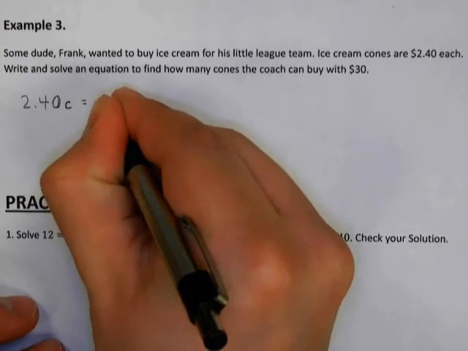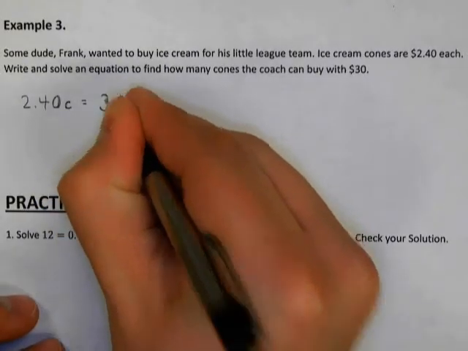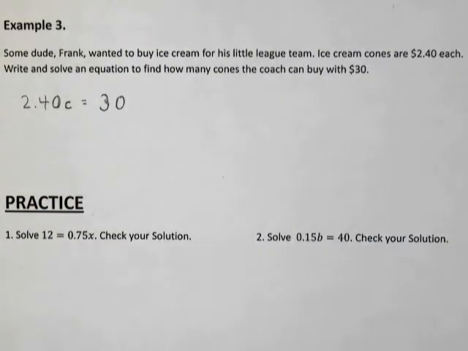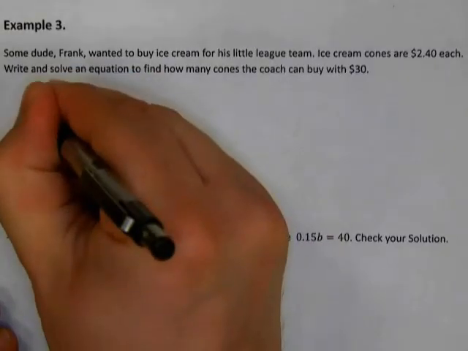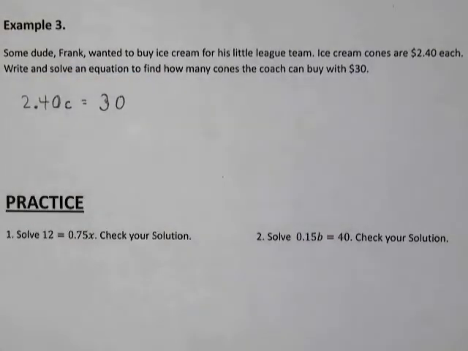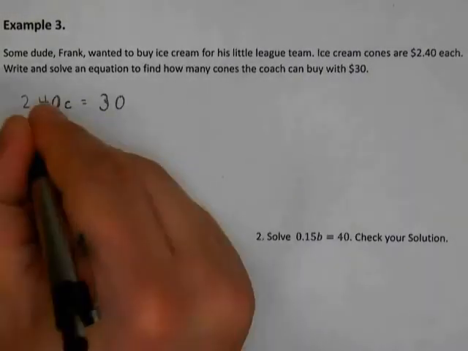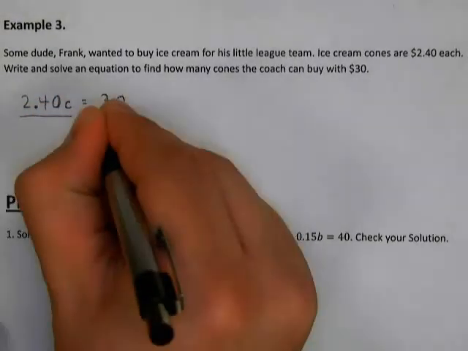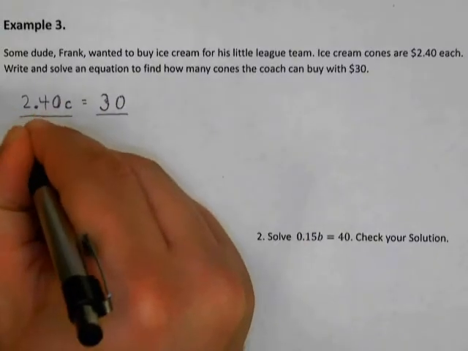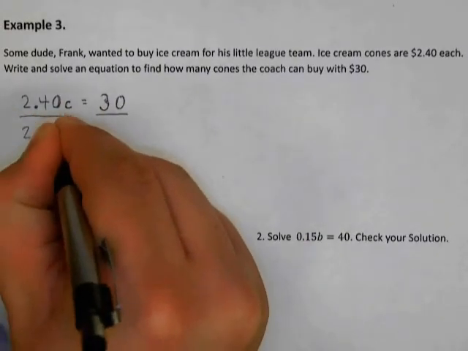So we set up our equation now, and now we can go about solving it. And remember, this is a multiplication problem, and the division property of equality says that I can divide by the same amount on each side, and everything will stay balanced.